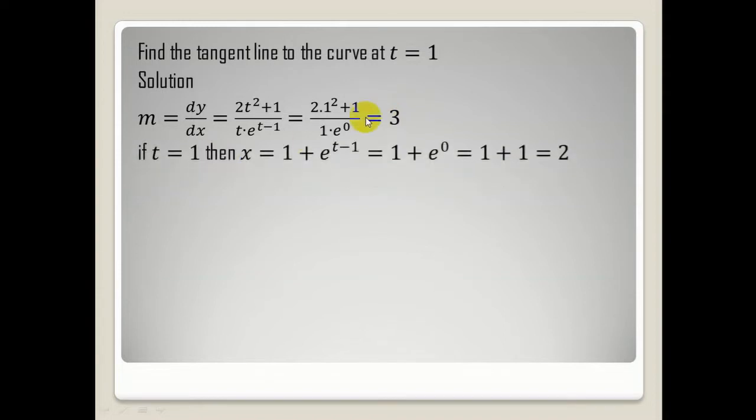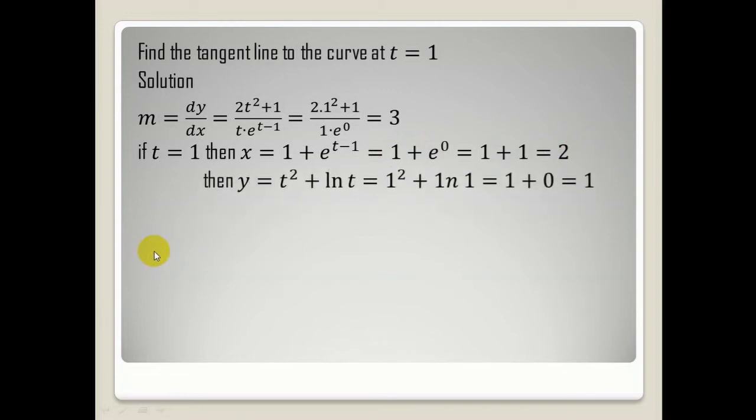Okay. We got the slope of 3, and then we need to find the coordinate of x. So we need to substitute t to be here. 1 plus e to the power t minus 1. So substitute t equal 1 here. e to the power 0 is 1. So 1 plus 1 equal 2.